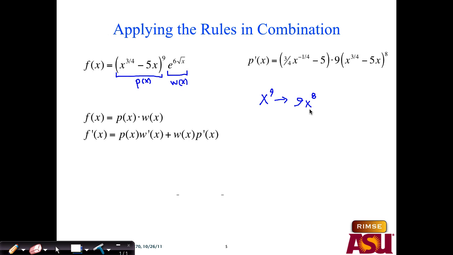It's still x that's the base of the power. The base of the power doesn't change, only the exponent changes. So when I have this two-term expression raised to the 9th, by the time I'm taking the derivative, I should have that same exact two-term expression raised to the 8th, not its derivative raised to the 8th. The derivative of this inner function isn't going to be raised to any power. So this derivative is just tacked on as a separate factor.